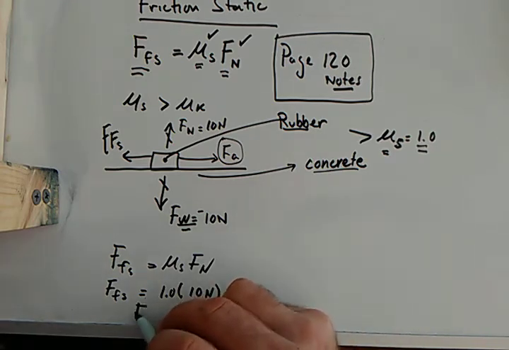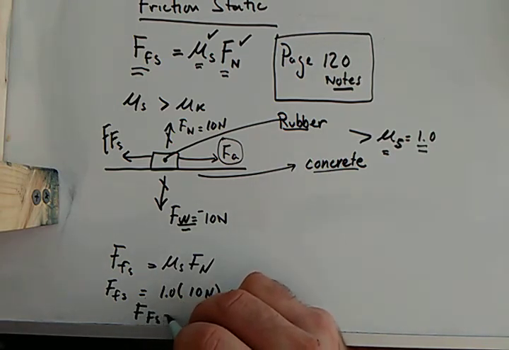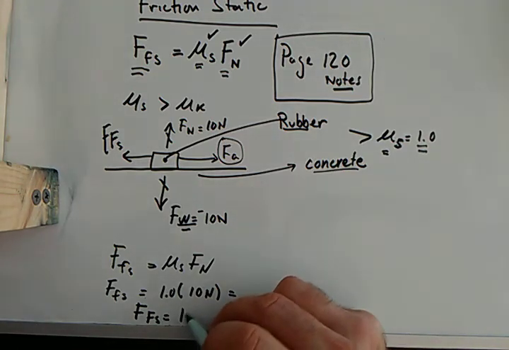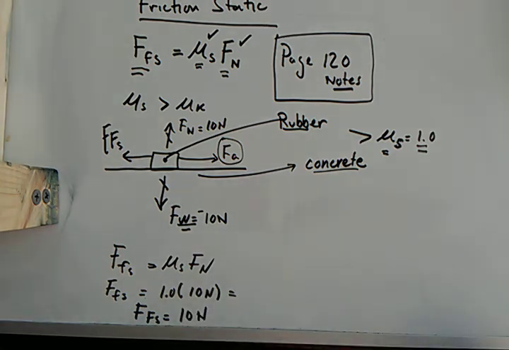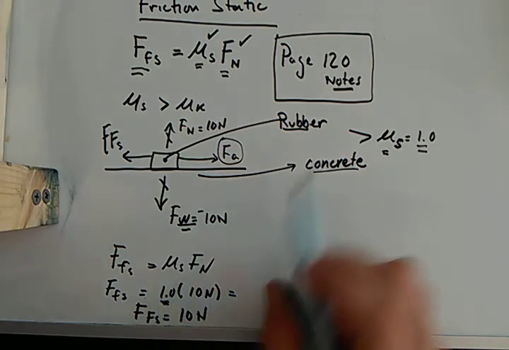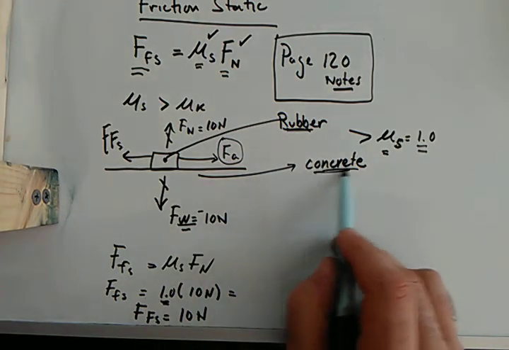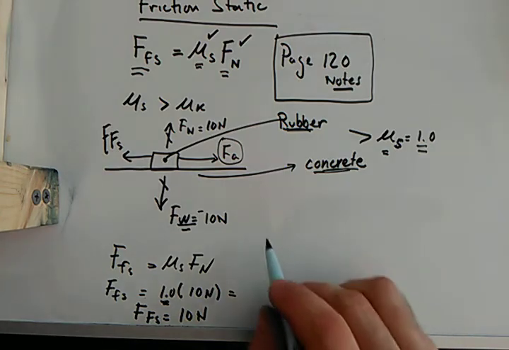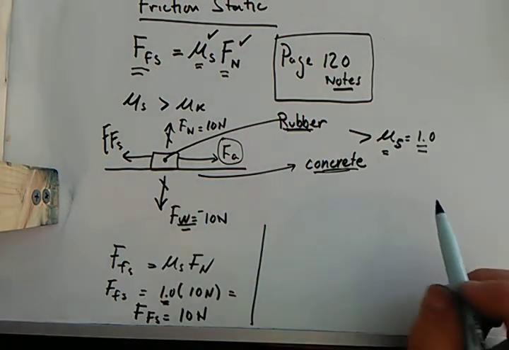So we ended up finding the static friction as 10 newtons, because our mu value was so high. And by the way, we don't go much higher than 1 for the mu value between two surfaces. So rubber on concrete provides a pretty solid, sticky surface.